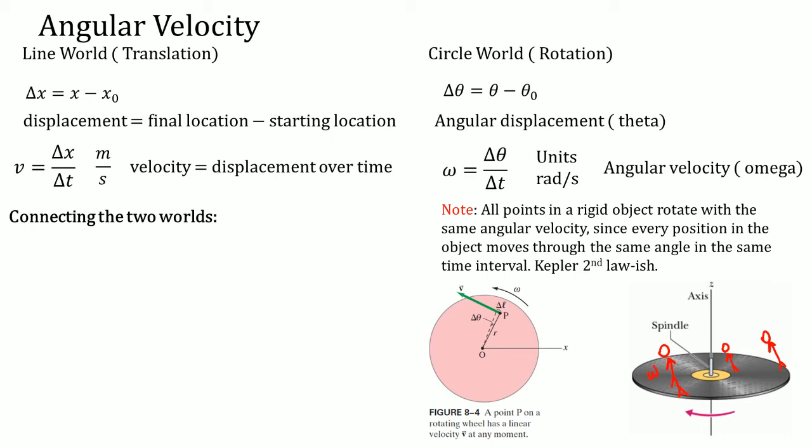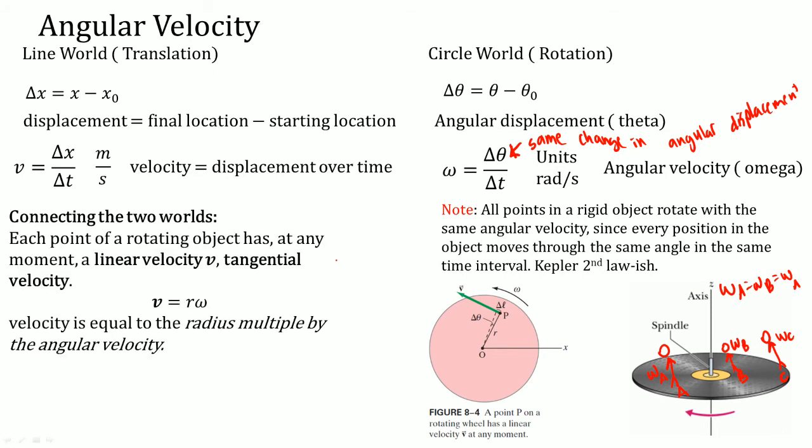So this is A, this is B, and this is C. The angular velocity of A, B, and C are all the same. The reason is that they have the same change in angular displacement. That's why. This is very important for you to understand.